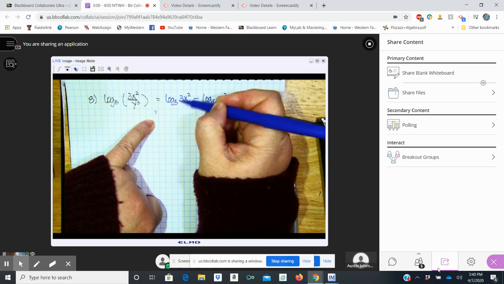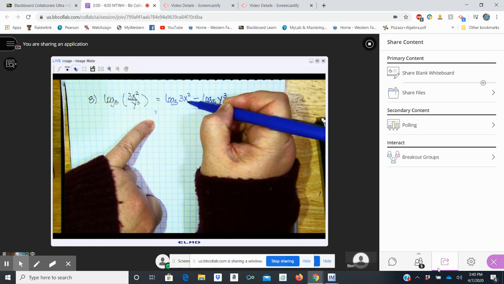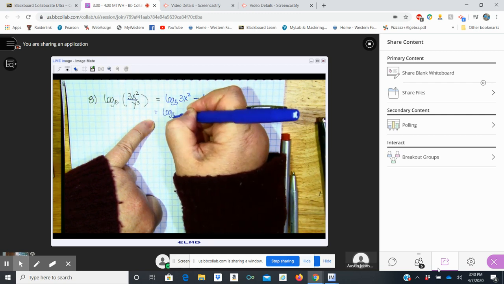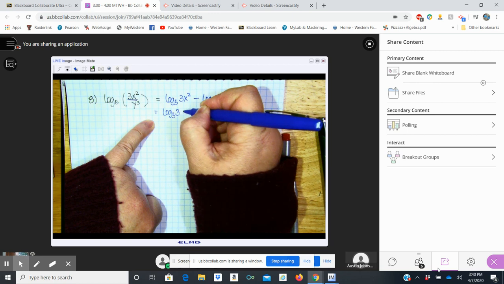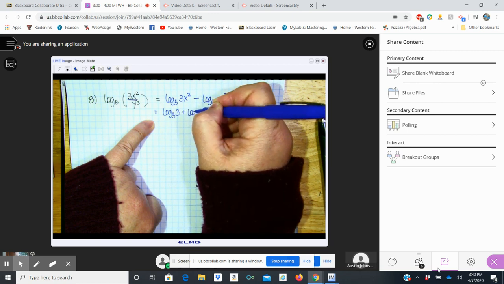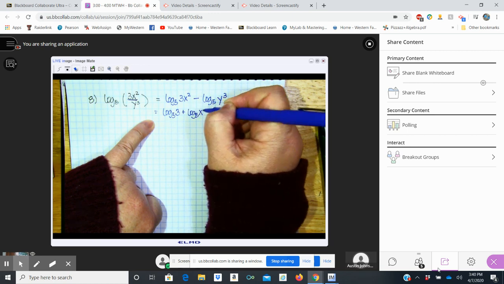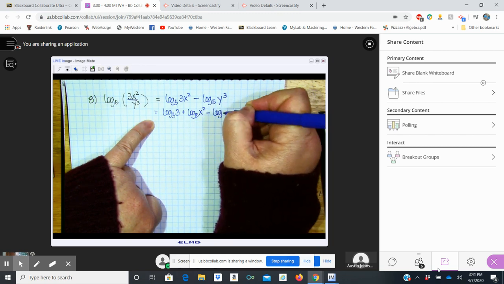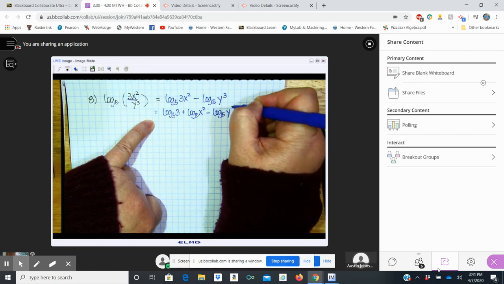Now, the numerator has multiplication in it, so I could split this up further. Log base 5 of 3 plus log base 5 of x squared minus log base 5 of y cubed.